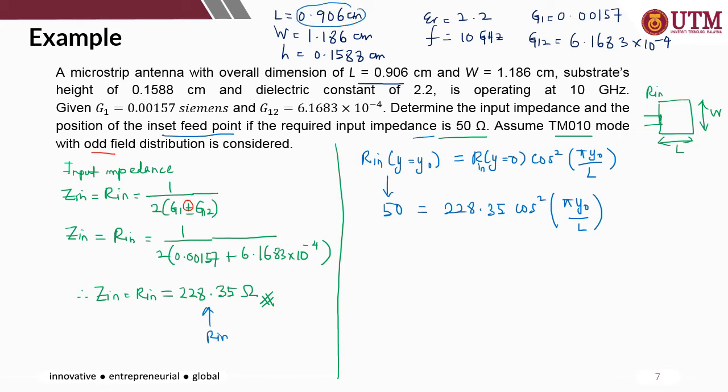Okay, so from here you can get your Y naught, the inset position, which is supposed to be 0.313 cm, to get the antenna matched at 50 ohm.